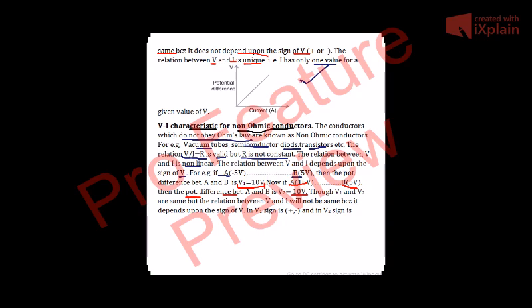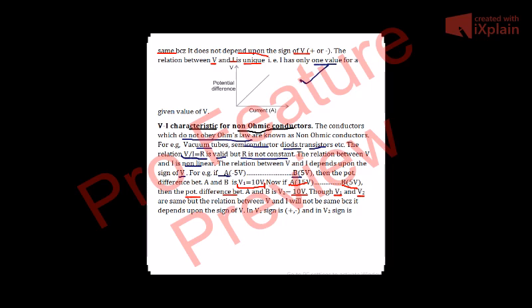Though the potential difference between the 2 points is the same, in the first case the signs are plus and minus, and in this case both potentials are positive. So the sign matters in this case. In VI characteristics, the relation between V and I depends upon the sign.